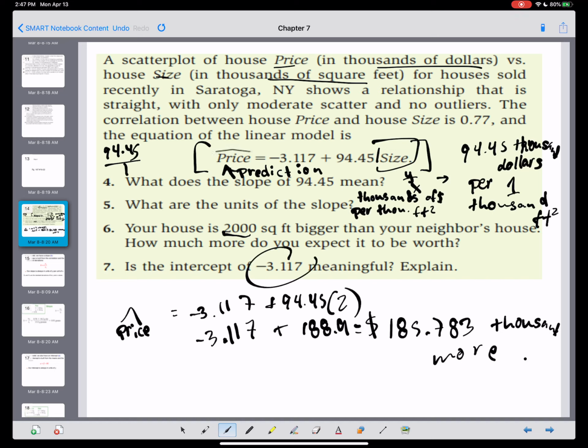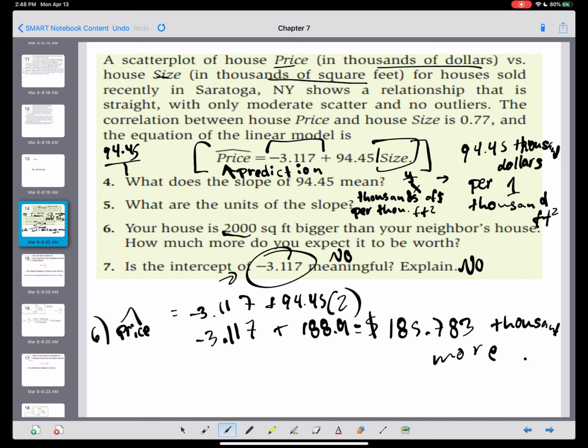Is the y-intercept negative 3.117 meaningful? I would say no, it's not meaningful. The reason why is that the y-intercept is where we began. The negative 3.117, you can't have a price that is negative 3.117. You can't have a house that is negative dollars.